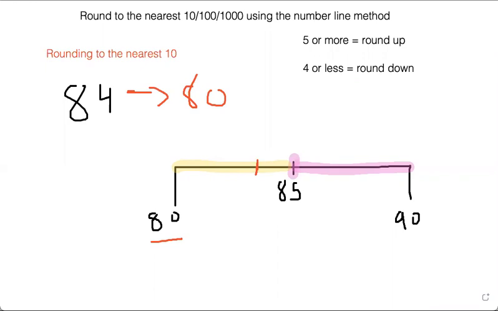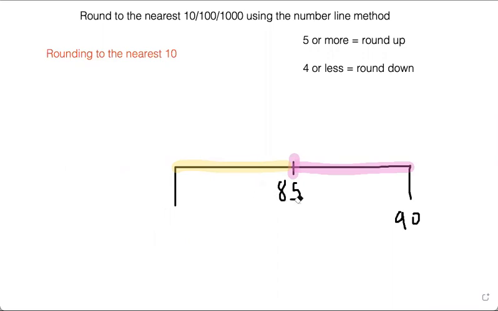Now let's move on to another example. If we were to round again to the nearest 10, but this time with a 3-digit number, for example 376, we're rounding to the nearest 10, so the numbers that we need to focus on mainly are 76. 76 is between which two tens? 76 is between 70 and 80. 75 is halfway, so where would 76 go? 76 would go right here, so it is in the pink.